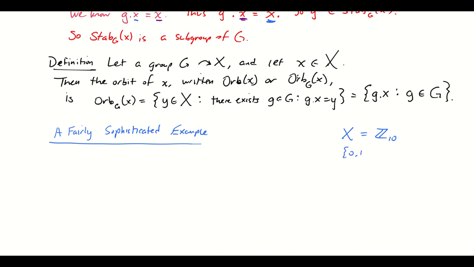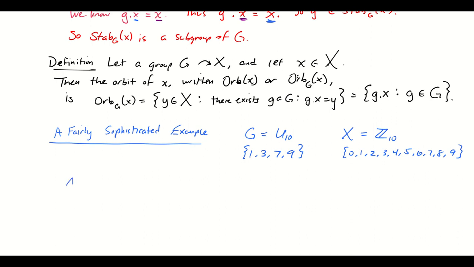So that's the set of 0, 1, 2, 3, 4, 5, 6, 7, 8, 9. Really, it's those congruence classes, but I think I can get away in this video with referring to them just by their numerical names. The group acting on this set is going to be U sub 10, and that's just the set 1, 3, 7, 9. It's the set of all congruence classes represented by numbers relatively prime to 10. Those numbers relatively prime to 10 are 1, 3, 7, and 9.